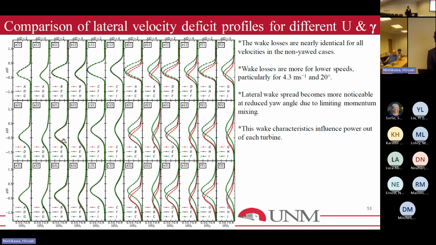For the lowest velocity, you can see that the wakes don't shift much from the center line compared to the highest velocity, which means that they are affecting the downstream turbines more, which eventually affects the wake recovery. So if you shift the wake more from the turbine, then you have more wake effects downstream.